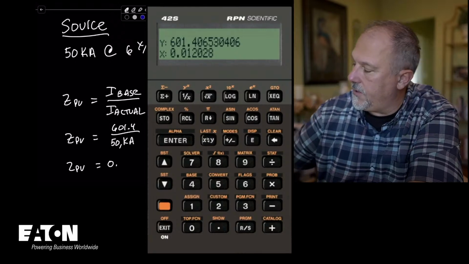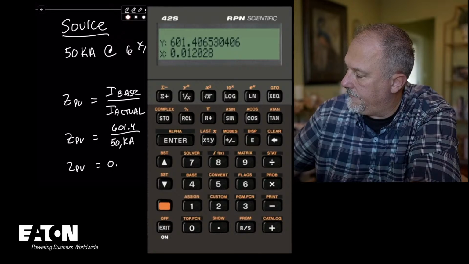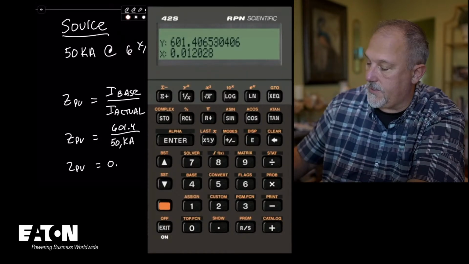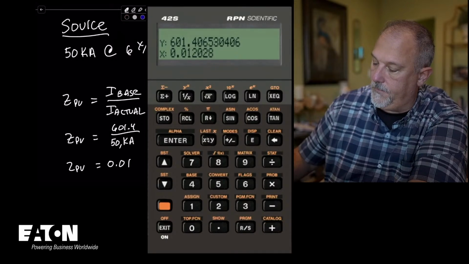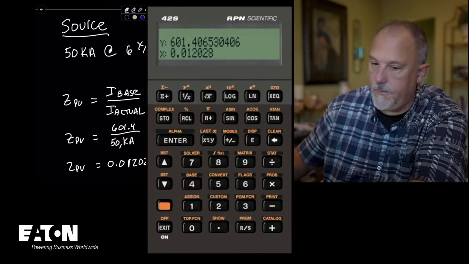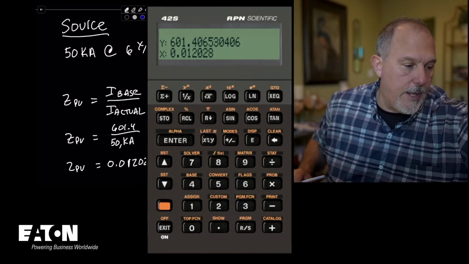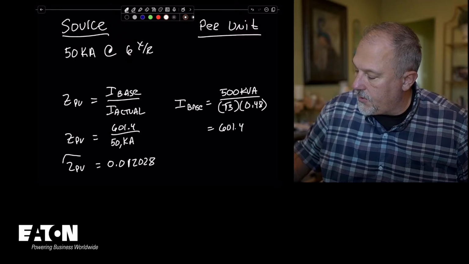This is Z per unit. I'd have to derive that, and I'm not going to derive it right now. So it's 0.012028. Check my math for me. So that's my Z per unit.